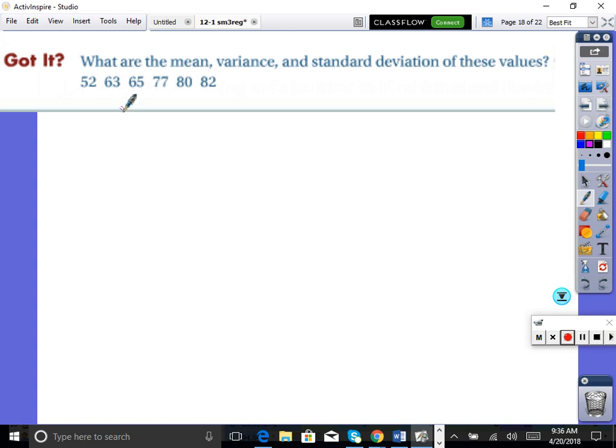So grab your calculator, and it's going to be the same way that we did it last time. So everybody hit stat. Then go into edit. Then in list 1, you need to put in the data set, which is this.